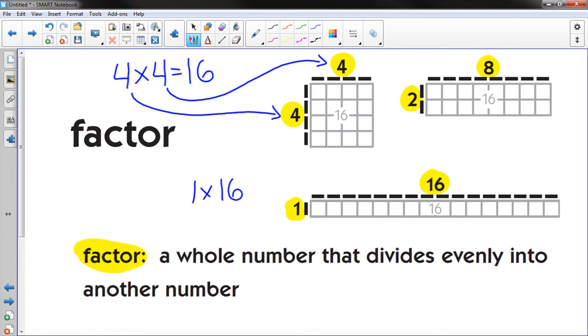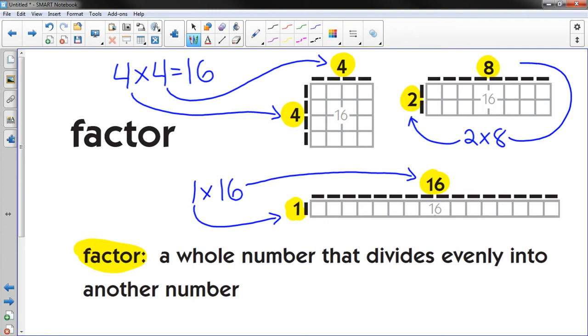Those two are your factors. 16's over here on one end, and 1 is the other end or the other dimension. And then of course you have 2 times 8 up here. Those are your two factors or your two dimensions of your area model.